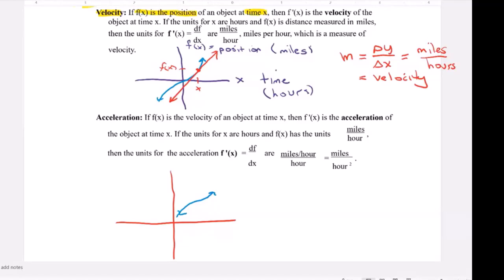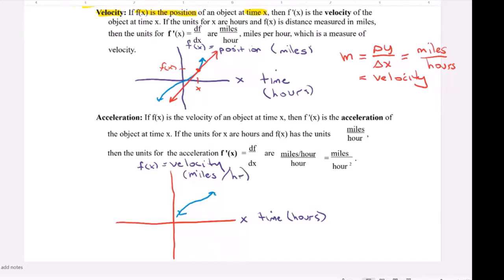So we'll call this acceleration. And we'll say this is time in hours. We're saying this is velocity. And we saw that velocity is in miles per hour.